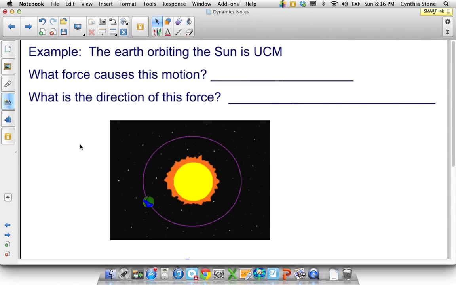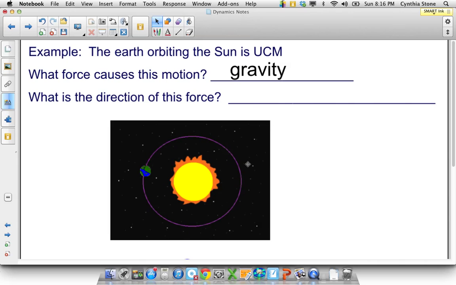So let's just look at the Earth orbiting the Sun, and understanding the force and the direction. I think probably you could take a guess, and I'll just write it down right here. The force that causes the Earth to orbit the Sun is gravity. The direction of that force, if you look at the little animation, it's hard to say because it is constantly changing.